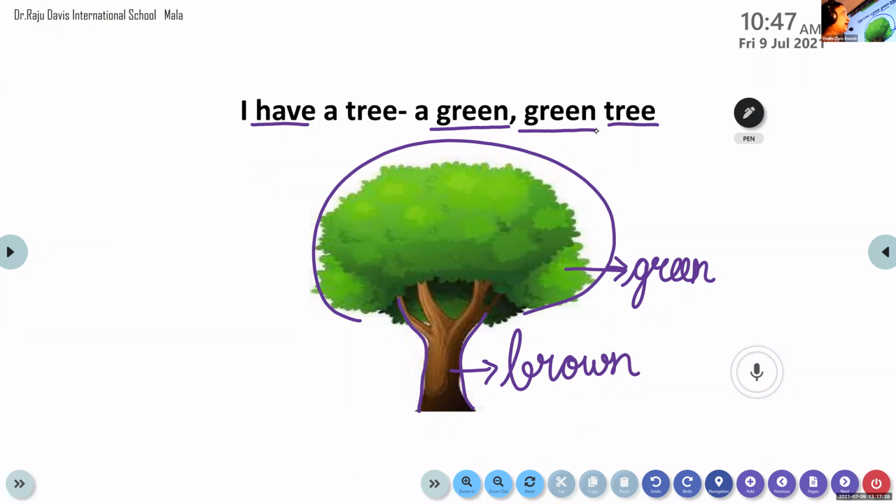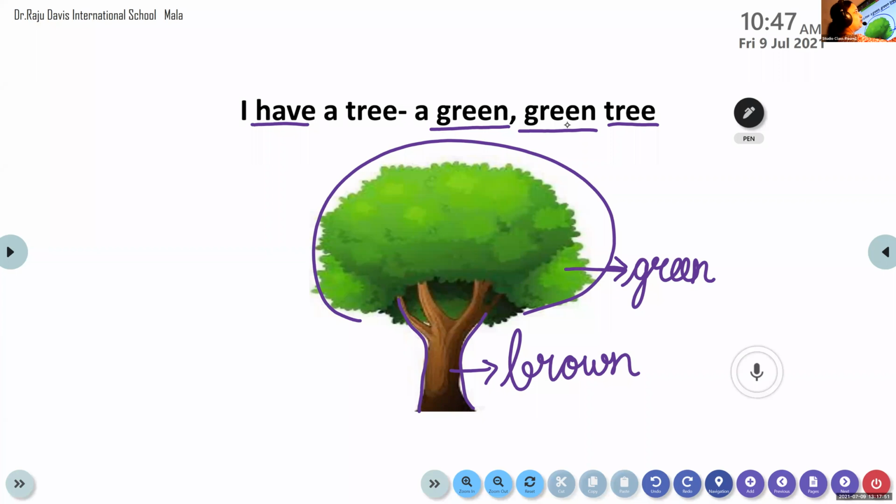So, what kind of tree does the little girl have? She has a green tree near her house. Okay, very good effort, my dear.